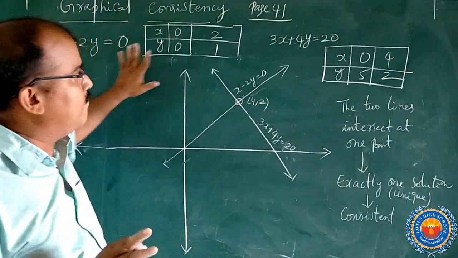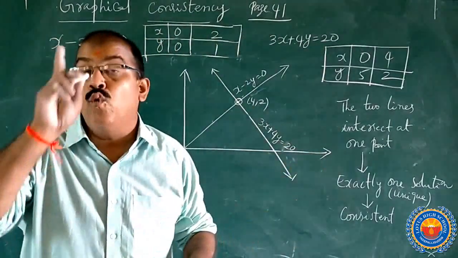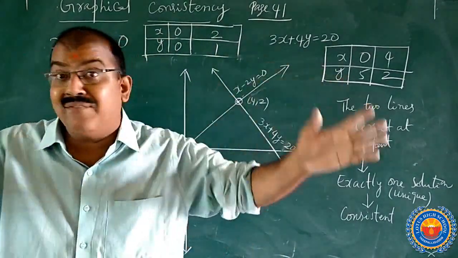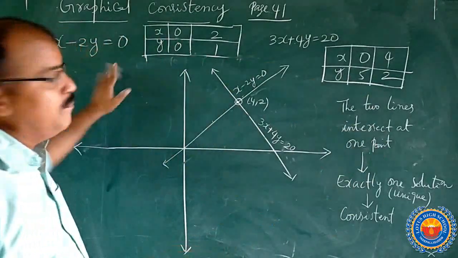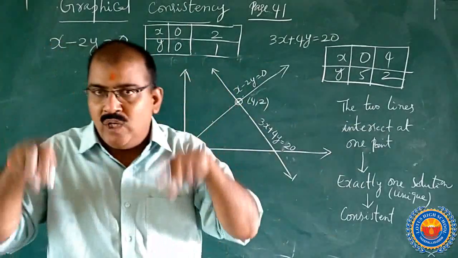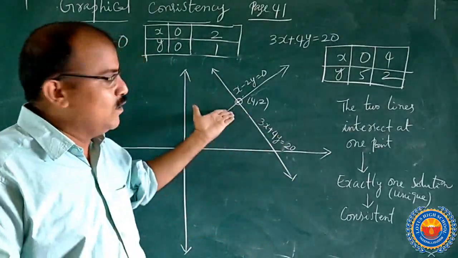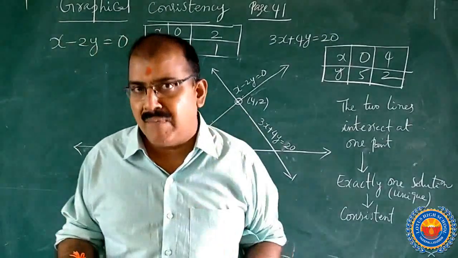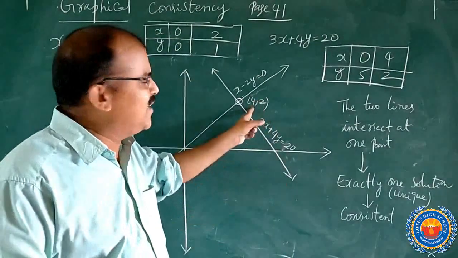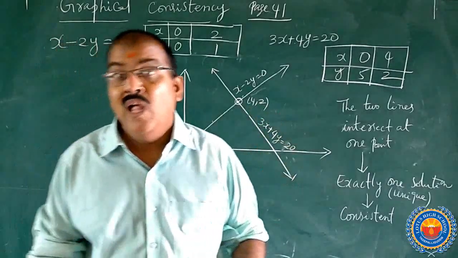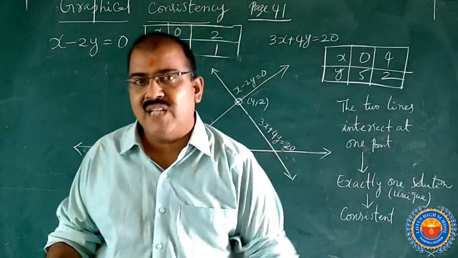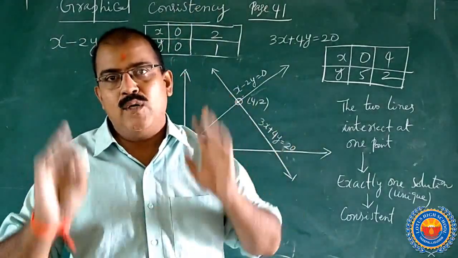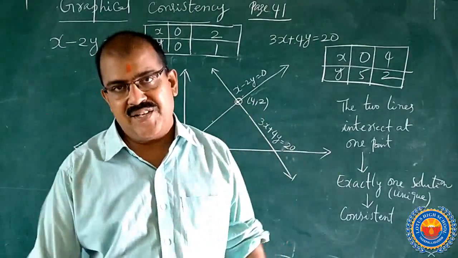For both equations, only one graph paper. Don't take different graph papers. That way we can understand the two lines intersect at one common point, in this case maybe (4, 2). That (4, 2) is the solution of the equations.